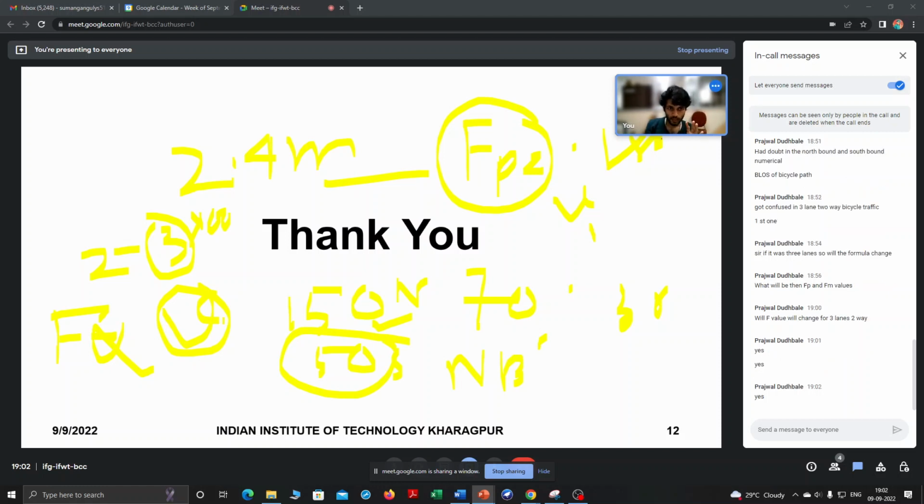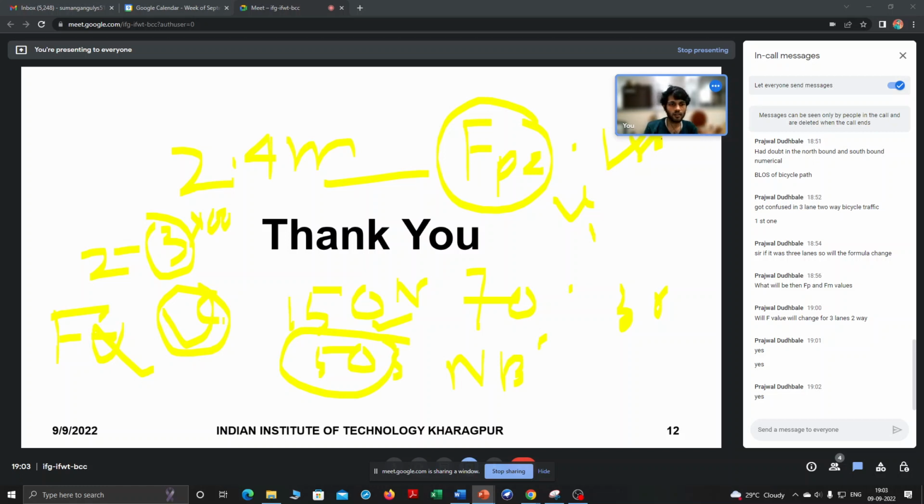Just think. Suppose you have a 2-lane road with 100 vehicles, and a 3-lane road with 100 vehicles. Will the level of service or level of comfort be the same or not? In the 3-lane road with 100 vehicles, the hindrance will be less, or the comfort will be more, right?